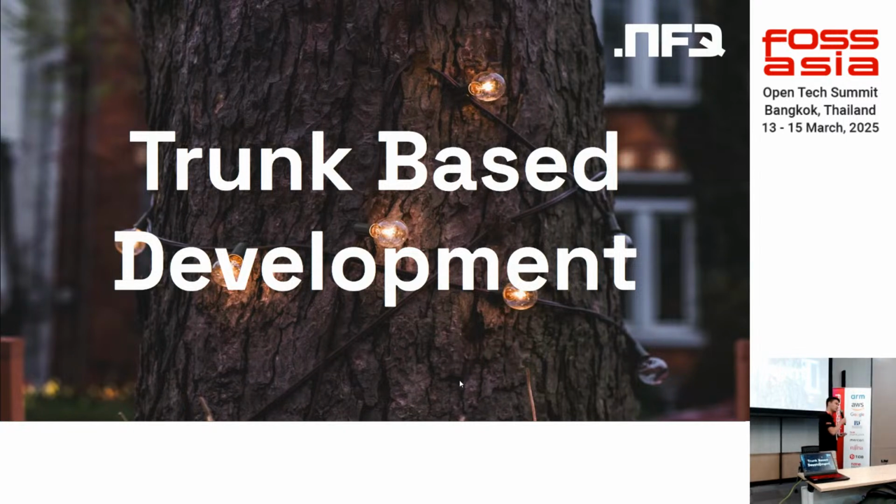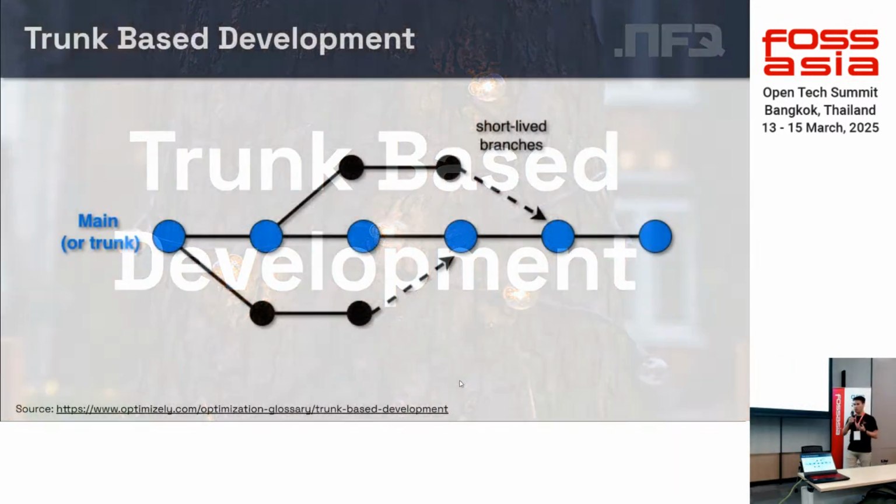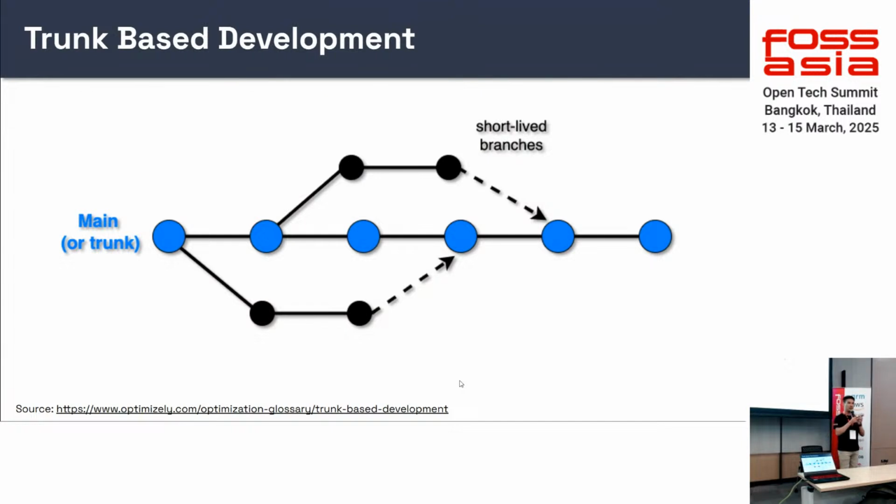It's not new, actually. It has been an extreme programming approach, very popular over the last 20 years. And the principles rely on the following. Instead of having long living branches, I will have a single branch called the main, the master branch, or the trunk. Everybody is going to work on this master branch.